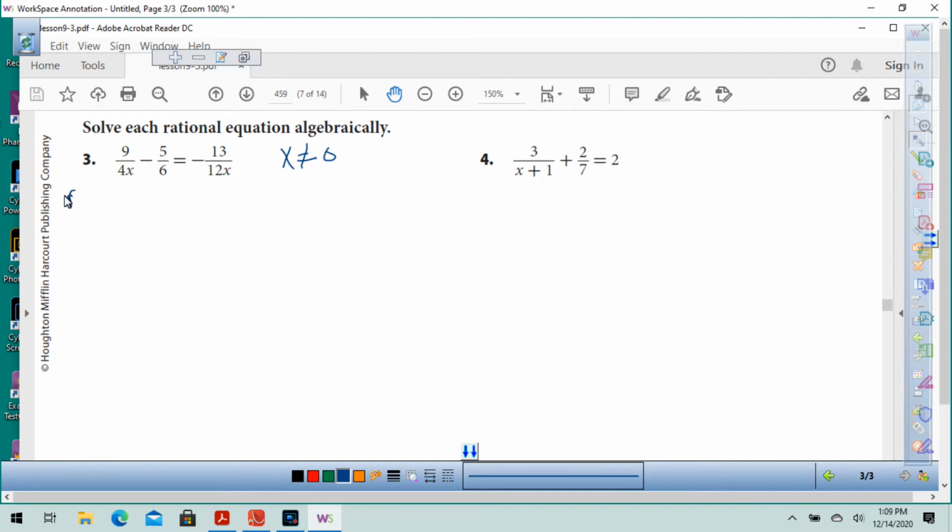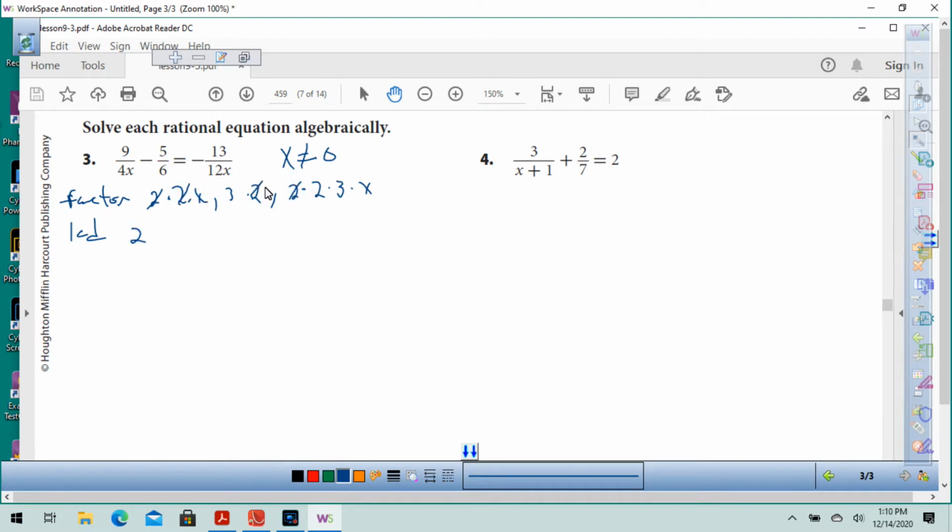So what are the factors? 4x would be 2 times x. This 3 would be 3 times 2. And this 12 would be 2 times 3 times x. What do we got here? Our least common denominator: we got a 2 in all of them, so that's 2.